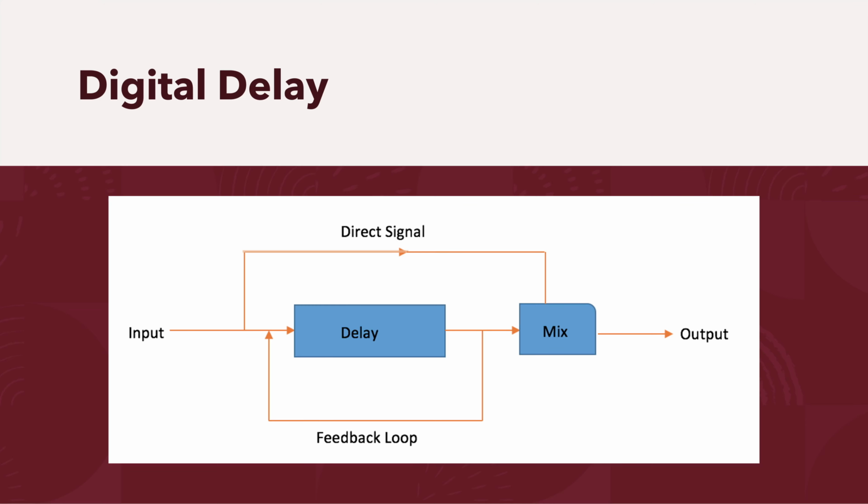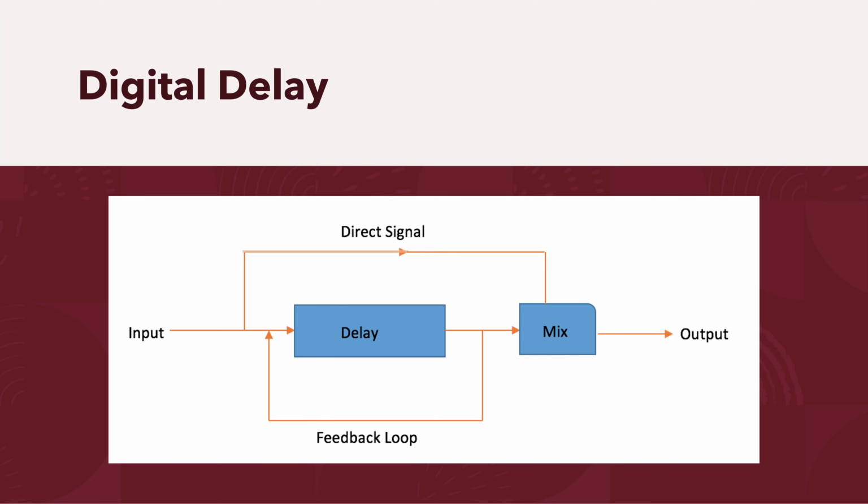So it's an echo. In other words, if I were to do this just with my voice, I'm going to say "signal," and then I'm going to pass it through a delay. It might be something like "signal... signal."